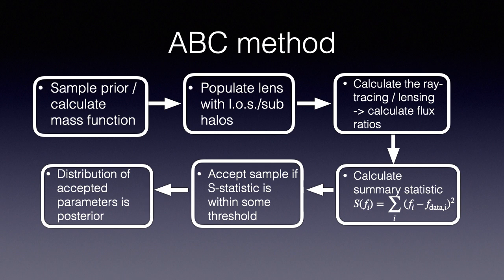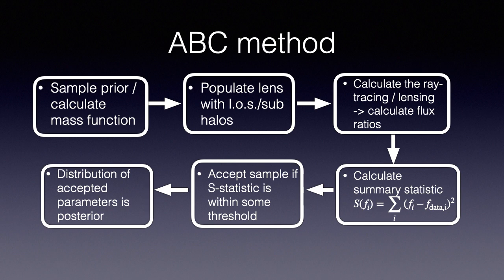Like I mentioned previously, we have to use basically a simulation-based method, and the specific statistical method we're using is called the ABC method. So the typical steps are that you first have to sample the prior parameter space, and the parameter space itself allows you to calculate a mass function.